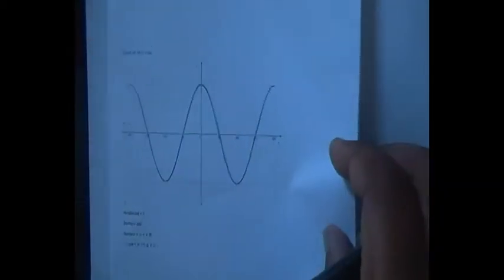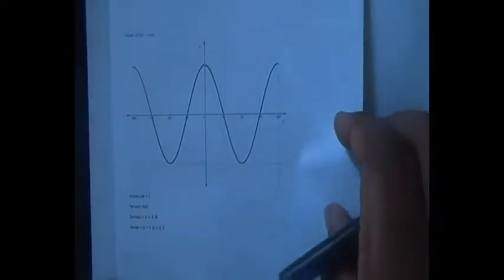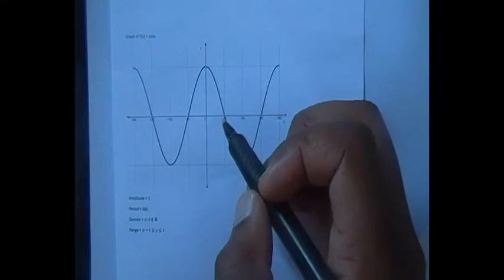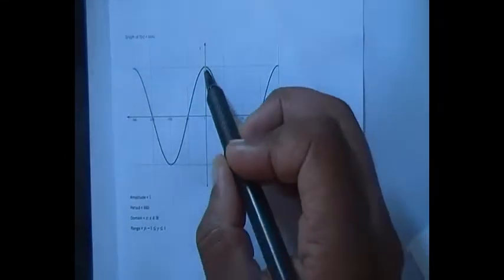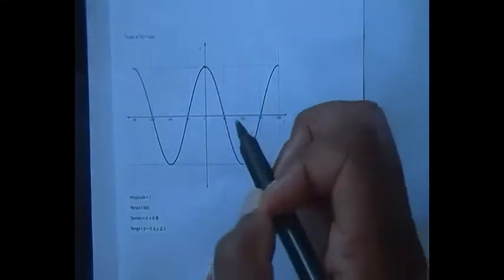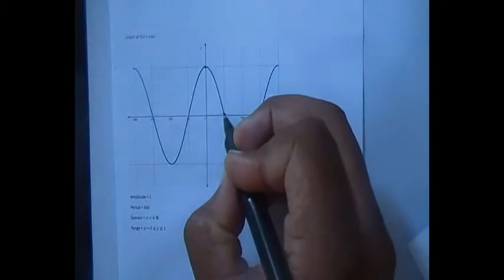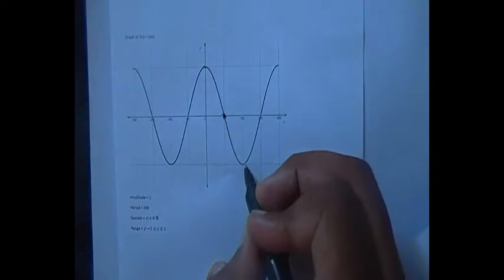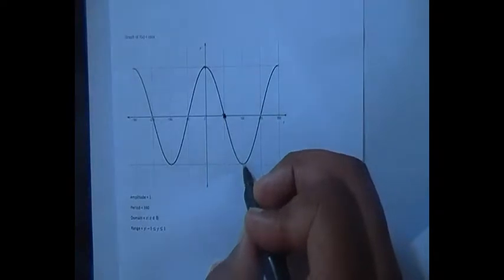Okay, the cos function is basically the same properties as the sine function, just some small differences. Like the cos of 0 is 1, so there's 1. The cos of 90 is 0. The cos of 180 is negative 1.